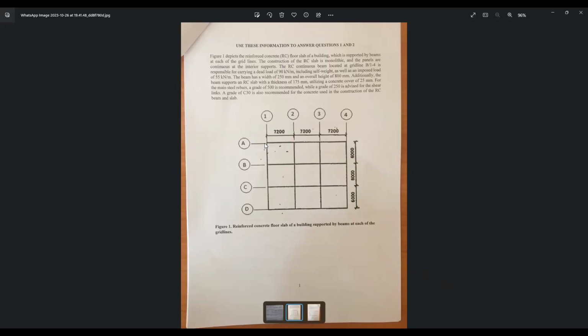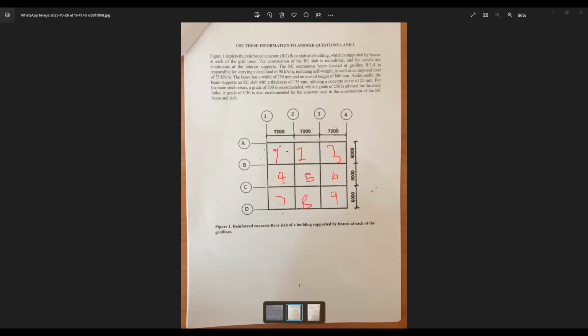We have this panel 1, this panel 2, we have 3, we have our panel 4 here, panel 5, panel 6, panel 7, 8, and panel 9.